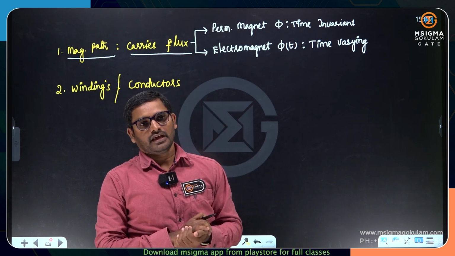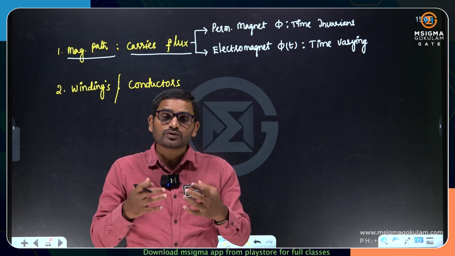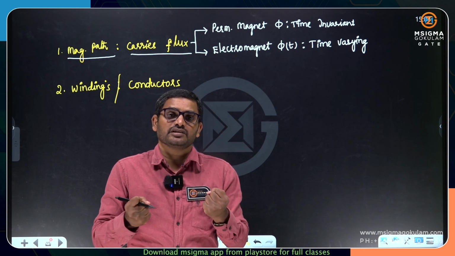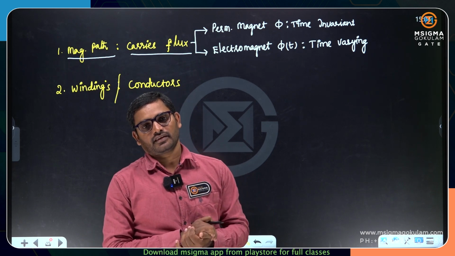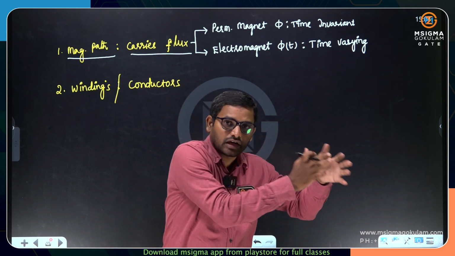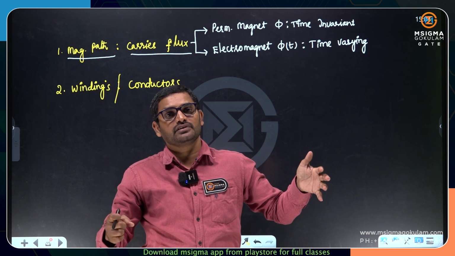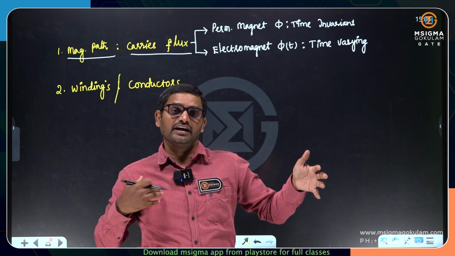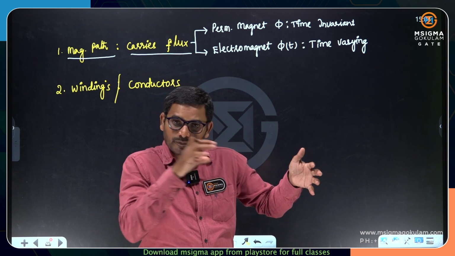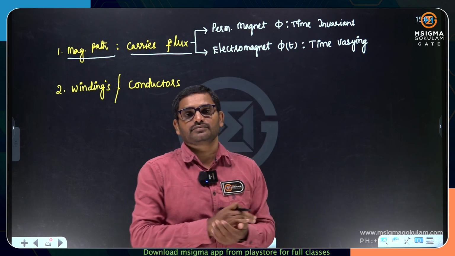Okay. So if you want to control the output value, it's better to have as many controls as possible in our hand. That's the reason why I am repeating this once again. It's better to have as many control variables as possible in our hand. If you use a permanent magnet, you cannot change it. If the permanent magnetic flux cannot be changed, output also cannot be changed.